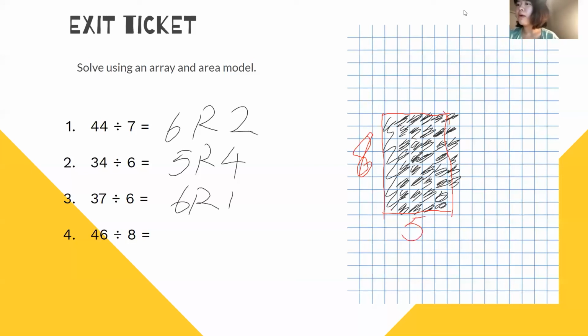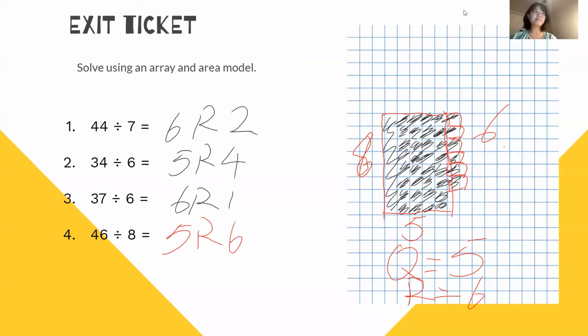And we have 1, 2, 3, 4, 5, 6 extra squares on the side. So our length is the quotient, which is 5, and the remainder is 6. So 46 divided by 8 gives us 5, remainder 6.